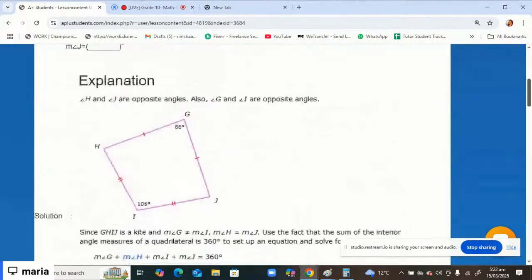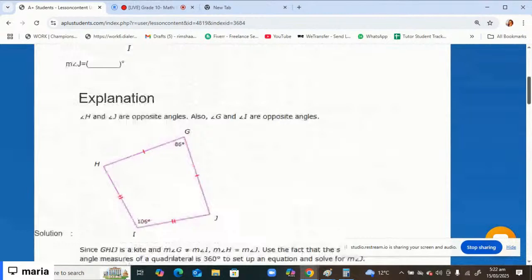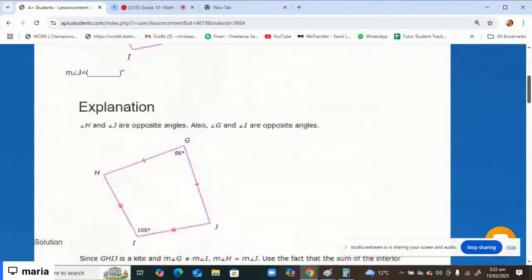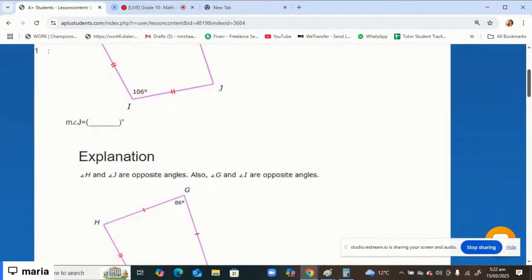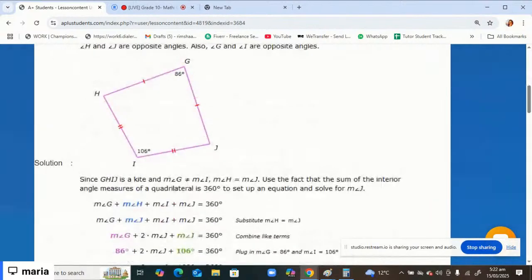As we know, because this is a kite, all the angle measures add up to 360 degrees. Two of them are given and two are not given.